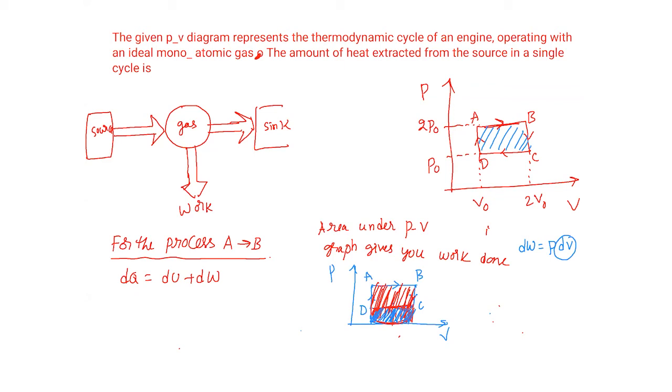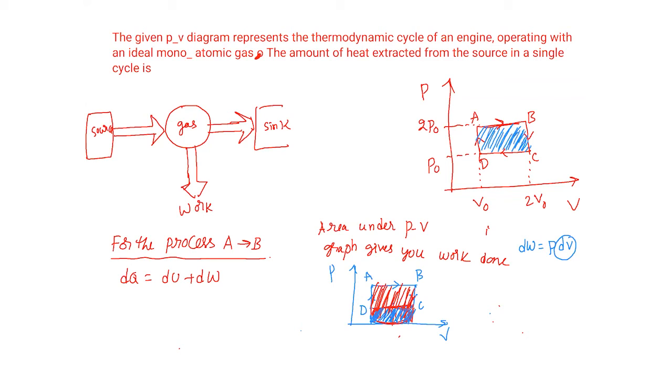So always remember, children, in any cyclic process, work done is given by the area enclosed by the closed figure. The closed figure may be a square, a rectangle, a circle, anything. So how do you calculate work done in a cyclic process? The area enclosed by that.